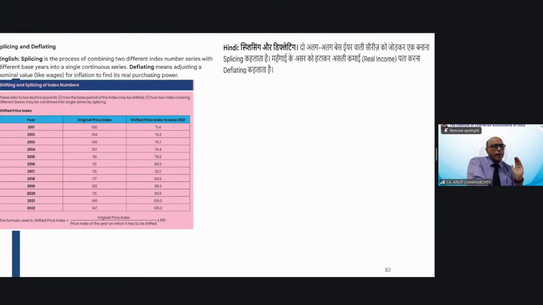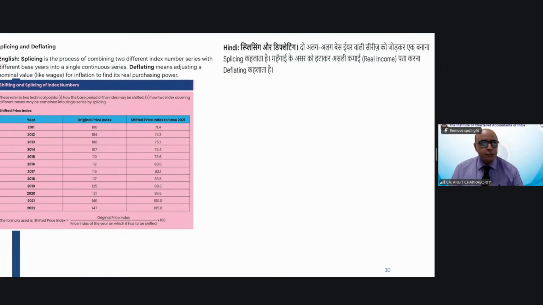Now, each year's original price index, which you see in the second column, is now shifted to a new base year, वो है 2021. So maybe the government decided that, okay, 2011, this is very old, it is becoming outdated. We know that index numbers should be based on the base year and the base year should be recent.